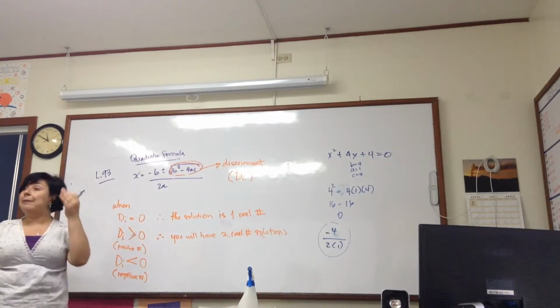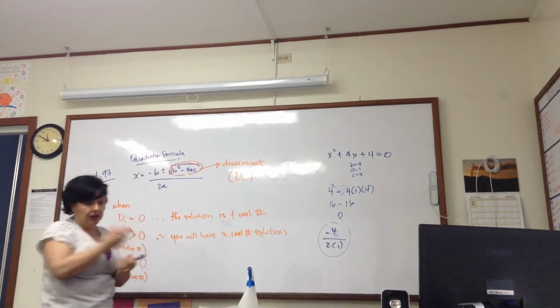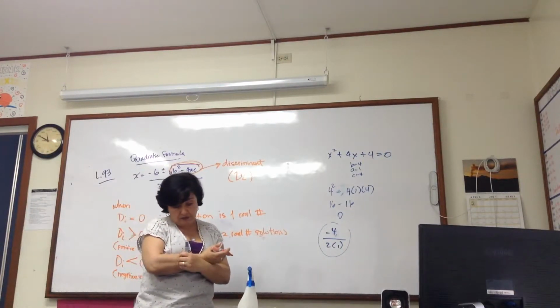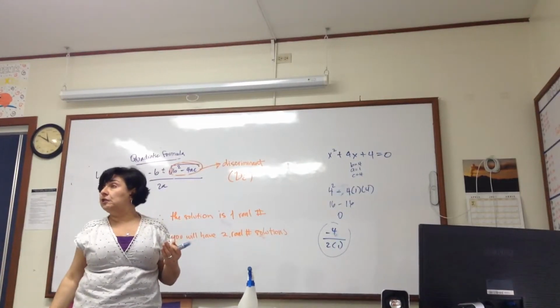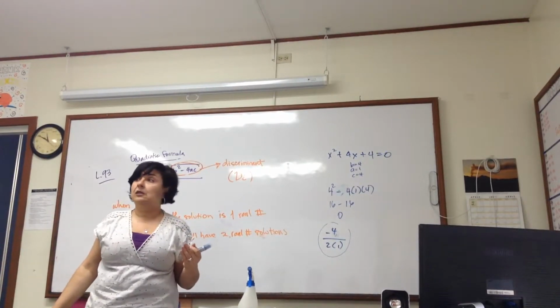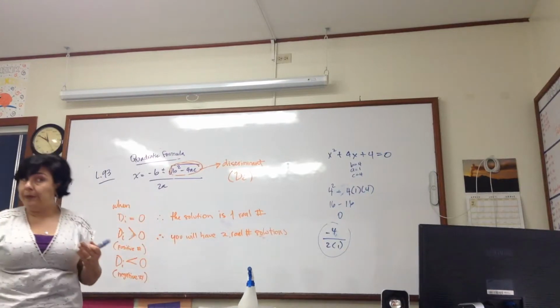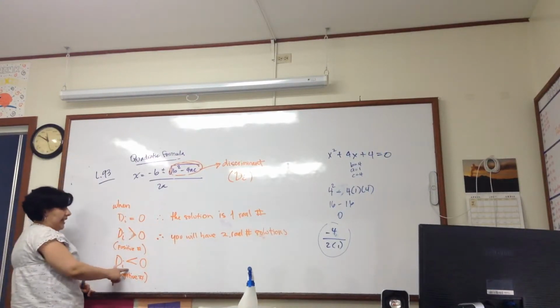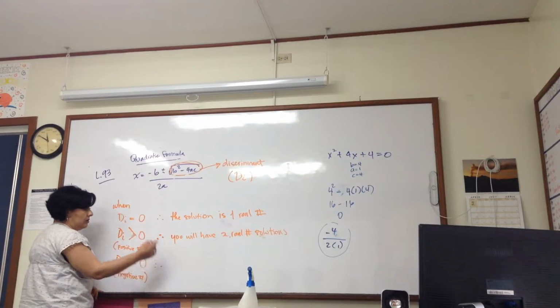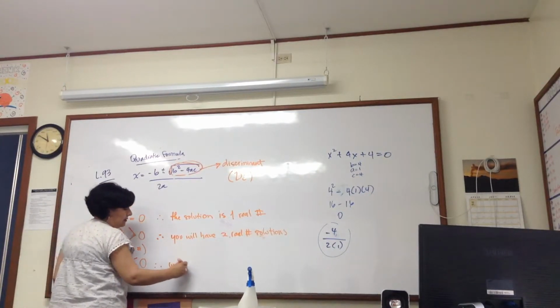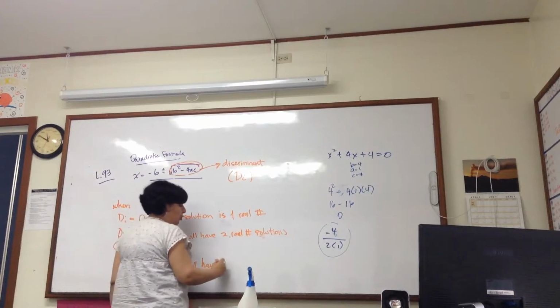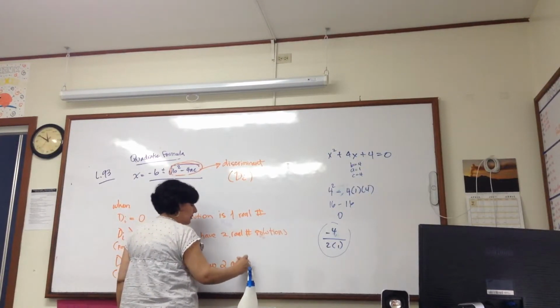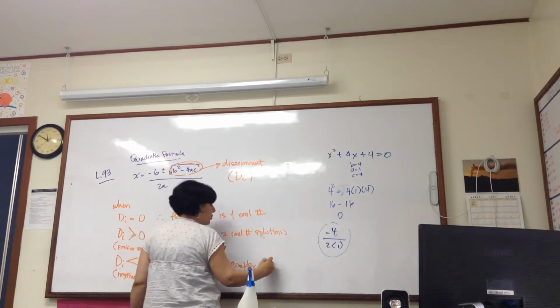And when you combine imaginary with real numbers, what are those numbers called? Complex numbers. Remember? So if it's less than 0, you will have two complex number solutions.